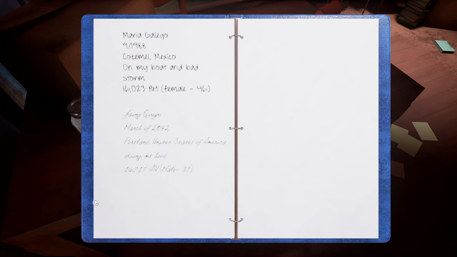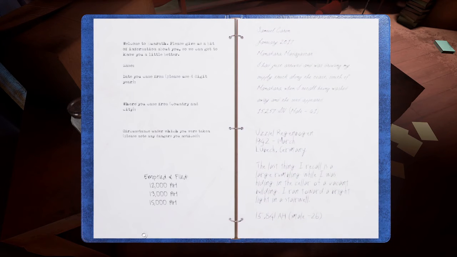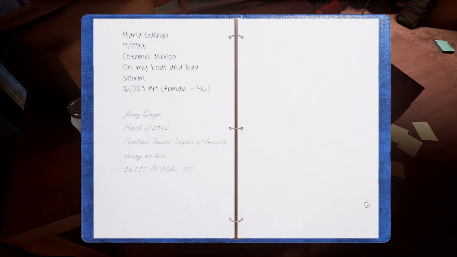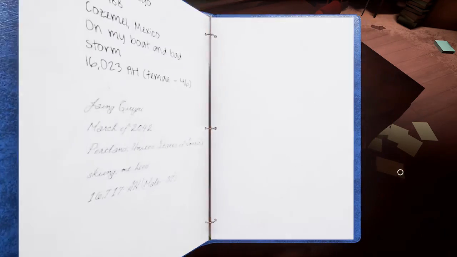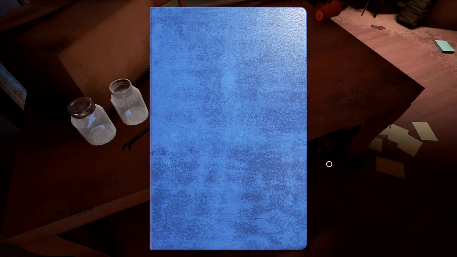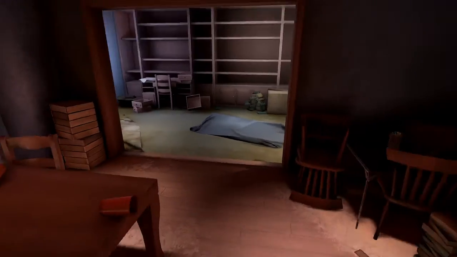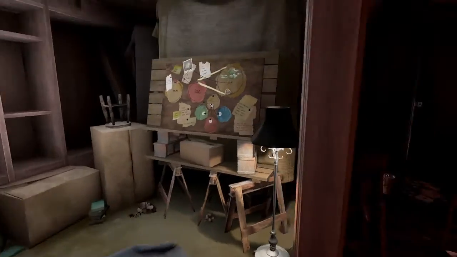What is this AH business? Emptied and filed 12,013.15. I don't get it. Okay. It looks like it randomly picks throughout time.